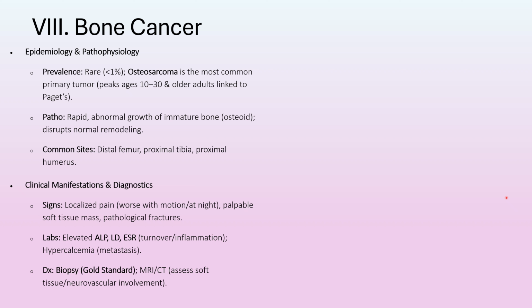It's like a signature. Local signs: swelling, soft tissue mass, large, tender, redness and warmth at the site. Functional: decreased range of motion, limping. Fractures: pathological fracture, bones break without significant trauma due to weakness.